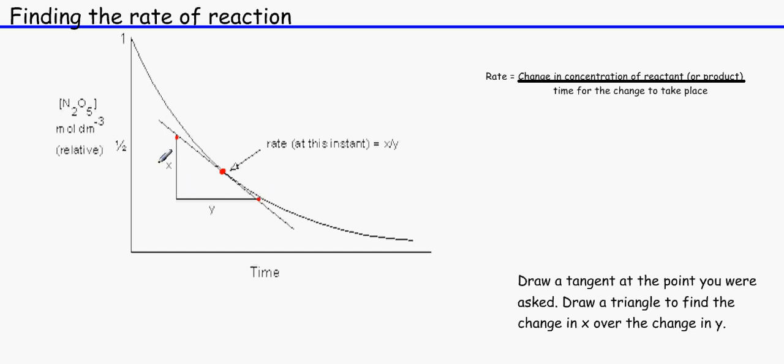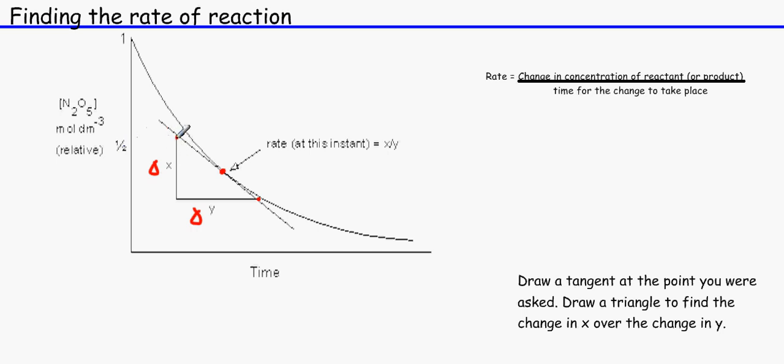Okay, so we could use this to find the change in X, even though this is supposed to be Y, and the change in Y. Okay, and we can use that to find out what the rate of that reaction is.